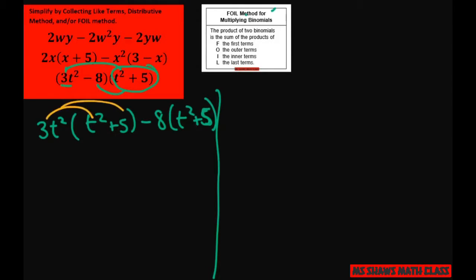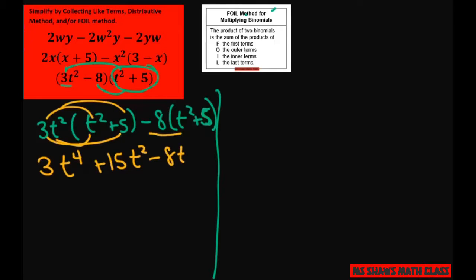Now we do the same thing we've been doing. So this is going to be 3t squared times t squared is t to the 4th. And then 3 times 5 is 15t squared. And this is going to be minus 8t squared minus 40. And usually with these, you can always add the two middle terms. You have 3t to the 4th plus 7t squared minus 40.